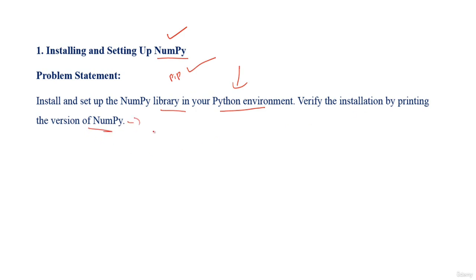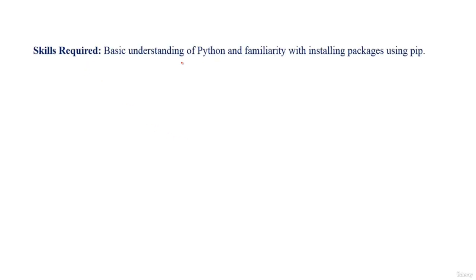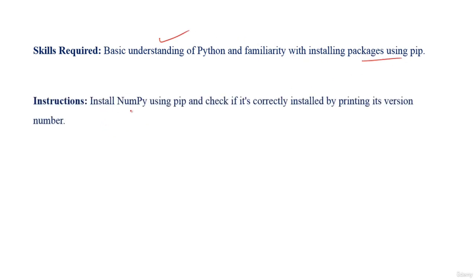It will be helpful to know whether NumPy is installed in your system successfully or not. Skills required: basic understanding of Python, familiarity with installing packages using pip. Instruction: install NumPy using pip, and check it's correctly installed by printing its version number.